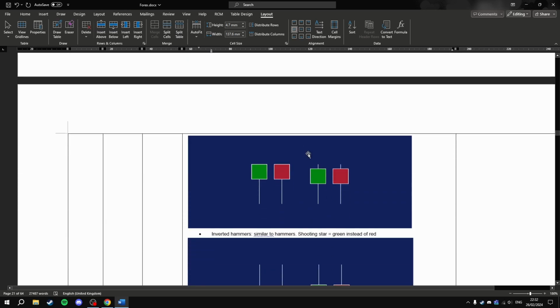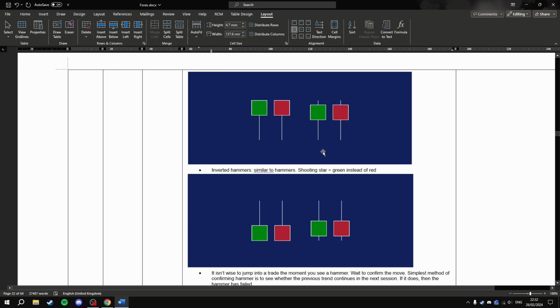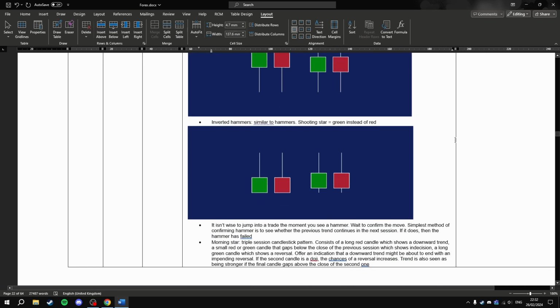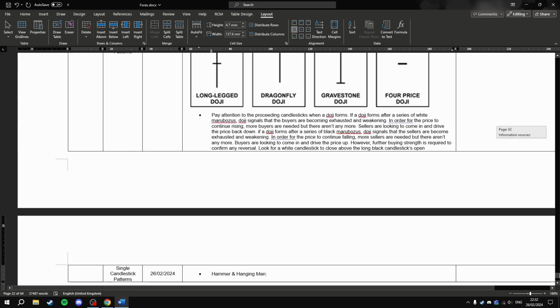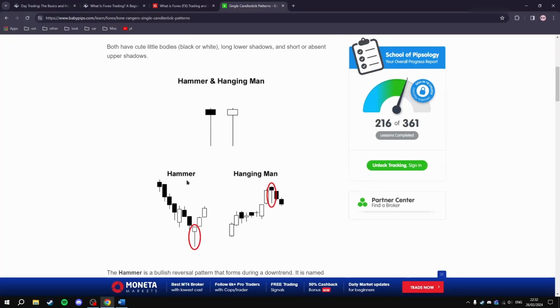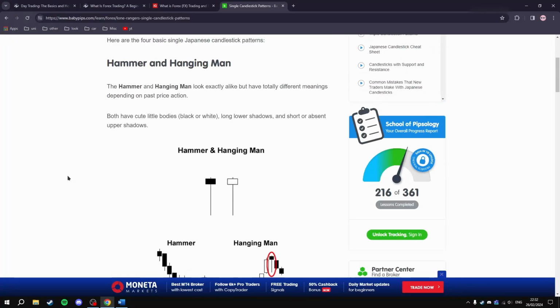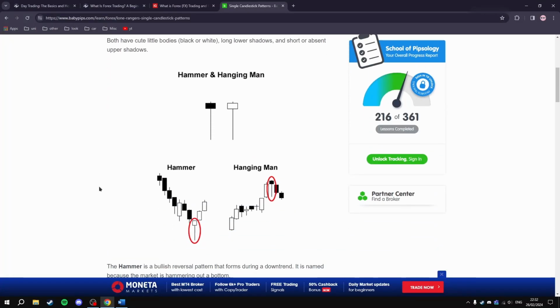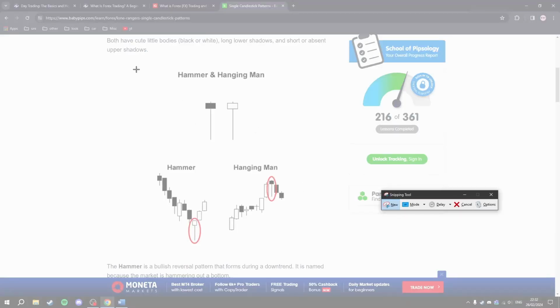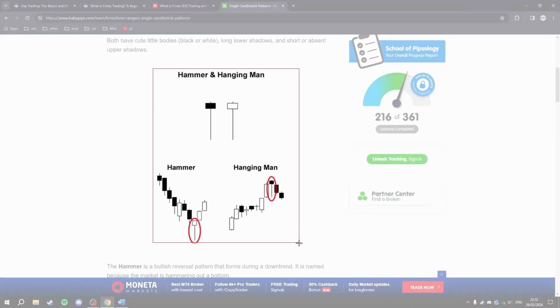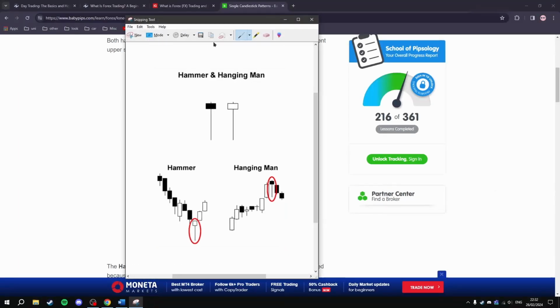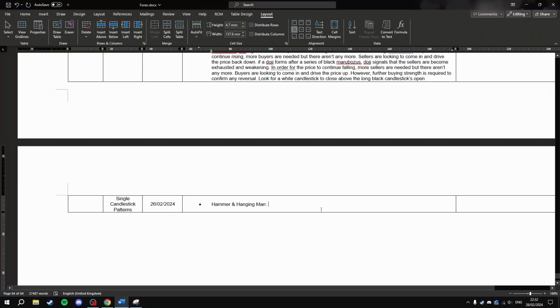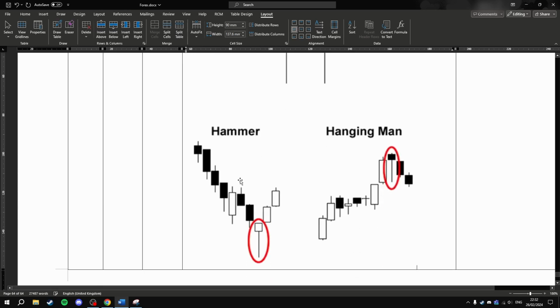Hammer and inverted hammers. I think this image probably does better than me just writing loads of words, so let's take this in. Hammer and hanging man.